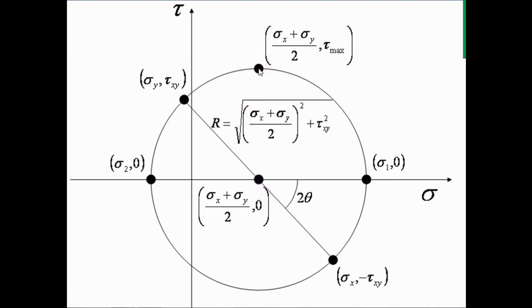The coordinates of this point are sigma x plus sigma y by 2 comma tau max. That means on the plane of maximum shear stress, normal stress is not 0. It has some value. It is the average of sigma x and sigma y.